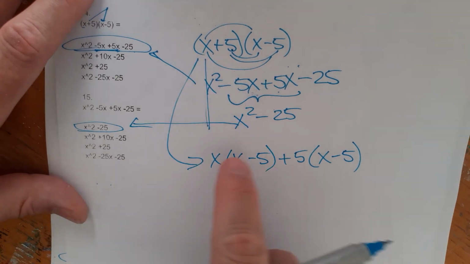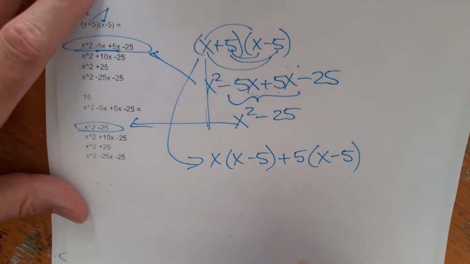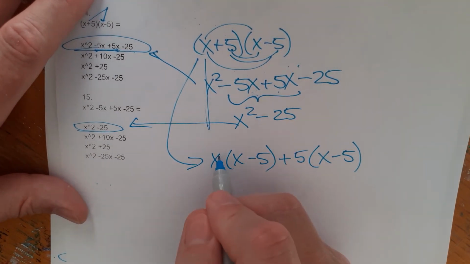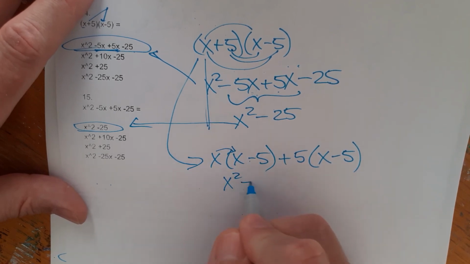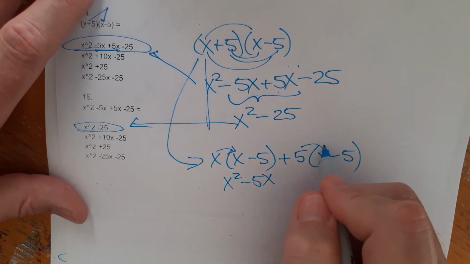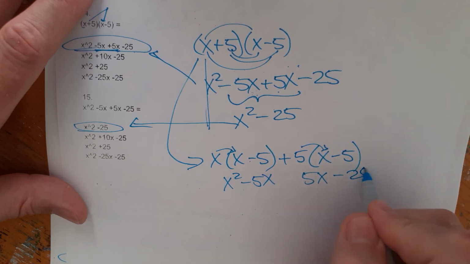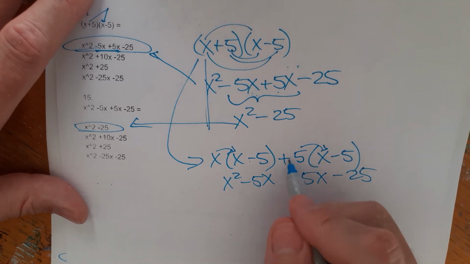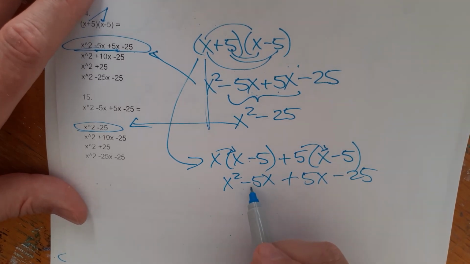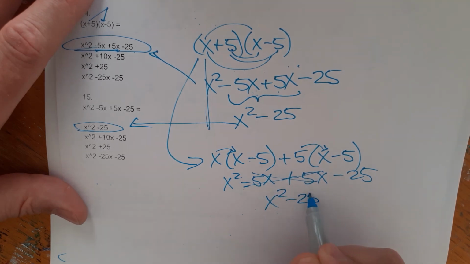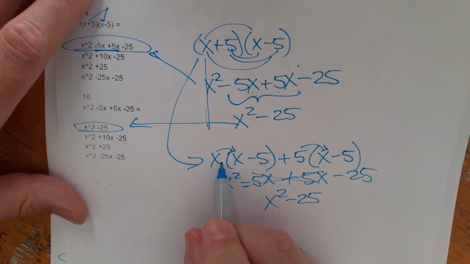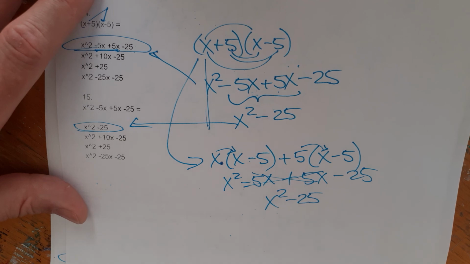Okay, take one of the first and the second of the first, and this would be splitting this up into a distributive property problem. Here we get x squared minus 5x. Here we get 5x minus 25. And sure enough, negative 5x and positive 5x are gone, right? X squared minus 25. This would be what it looks like if you're learning the distributive property, and I like it just as much, but we're obsessed with this FOIL thing, so on we go.